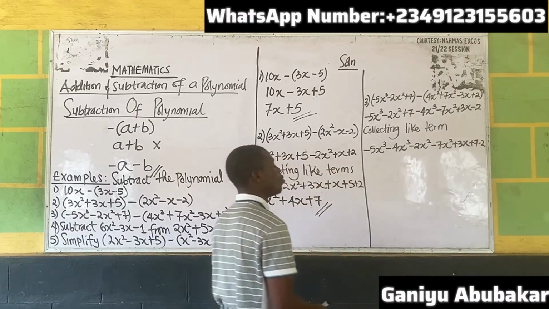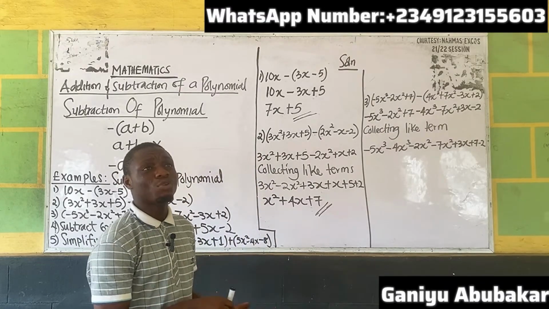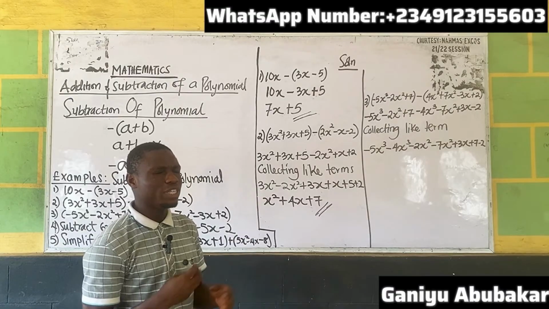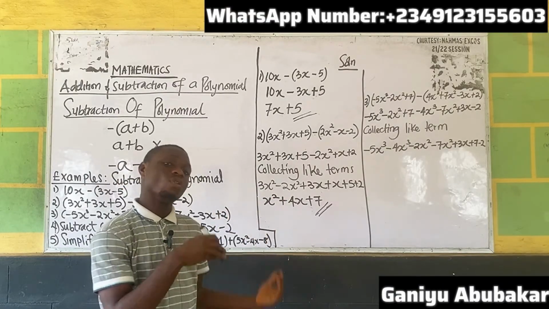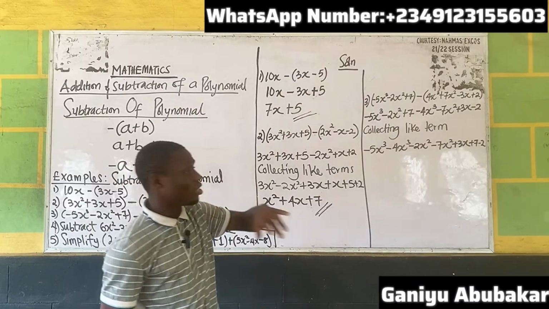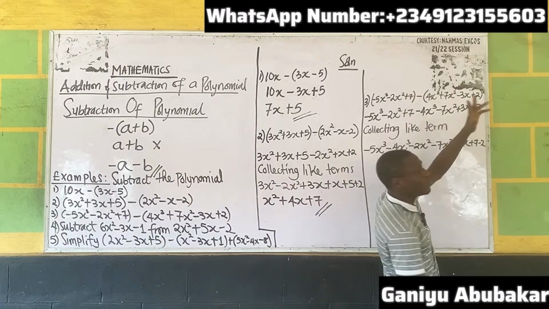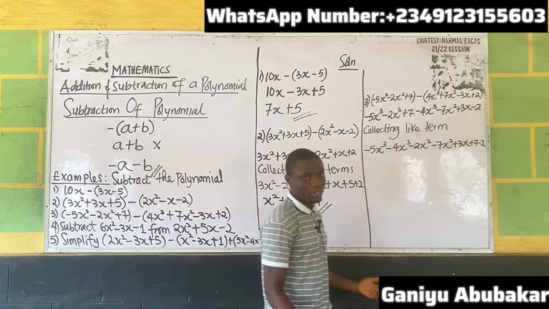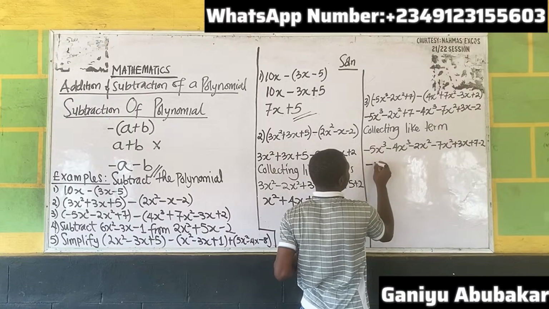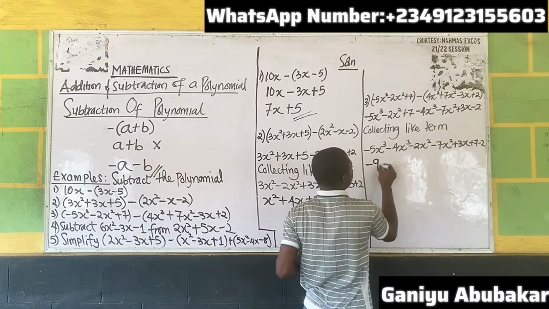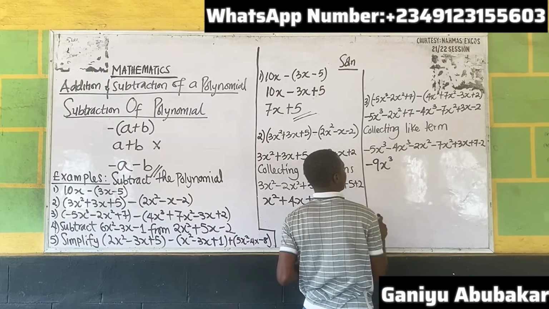Alright. You pick them according to descending order. Last class when we did polynomials, we said the proper way of arranging a polynomial is from what? Descending order. From the biggest to the smallest. You can see x cubed, x squared, x, and then the constant term. This one gives you minus 5x cubed minus 4x cubed, that is minus 9x cubed.